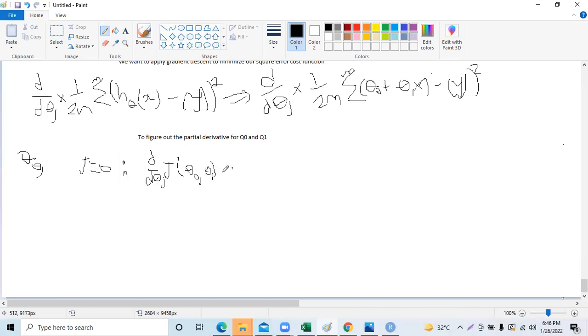This will be equal to, so for theta 0 now we're going to have 1 over m into a summation of h of x minus y.